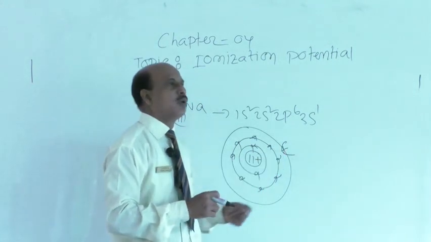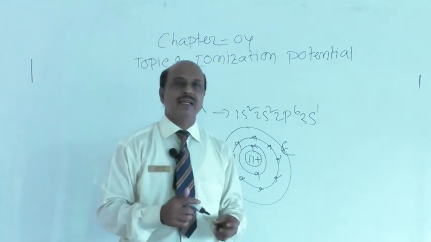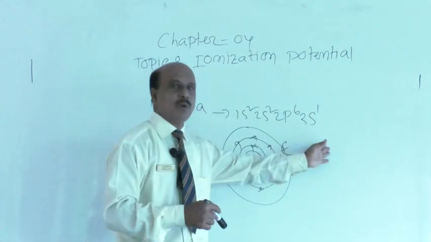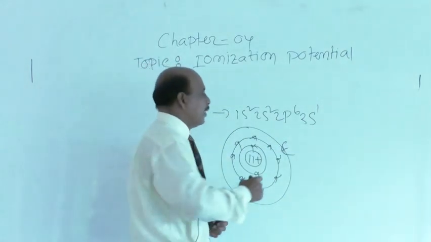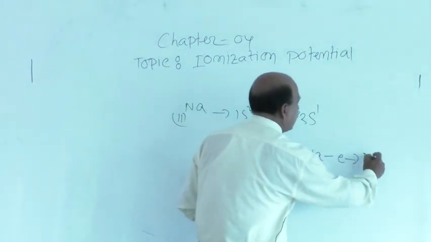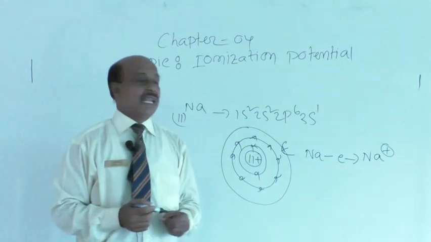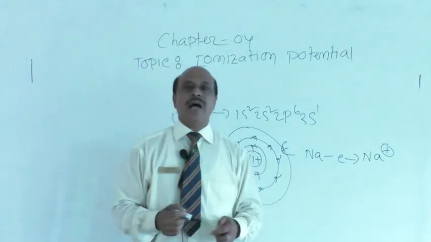For this reason, if you want to release this electron, you need to apply that amount of energy by which this electron will be removed and it will become positively charged. That means sodium minus 1 electron becomes sodium plus. The energy which is required is called ionization energy.